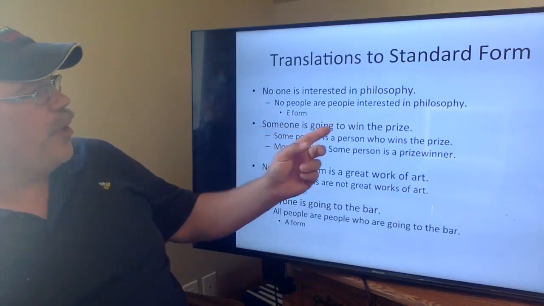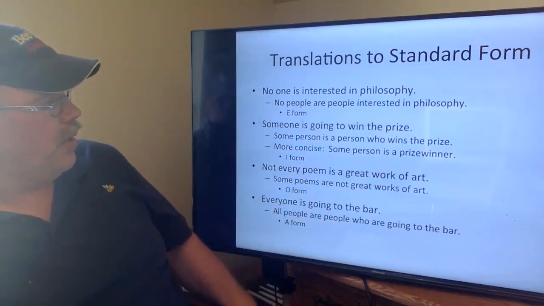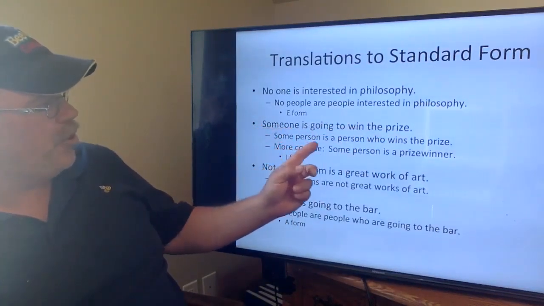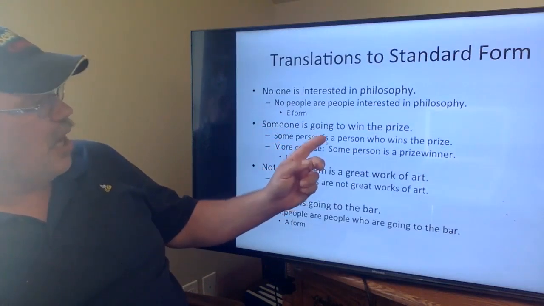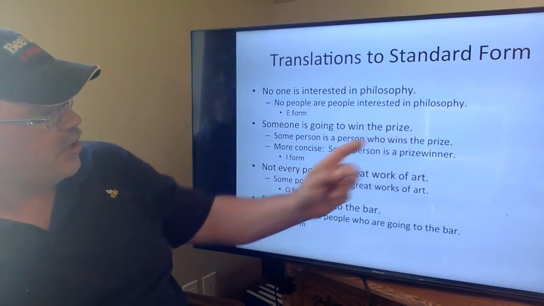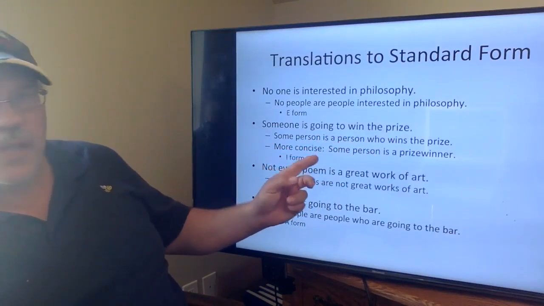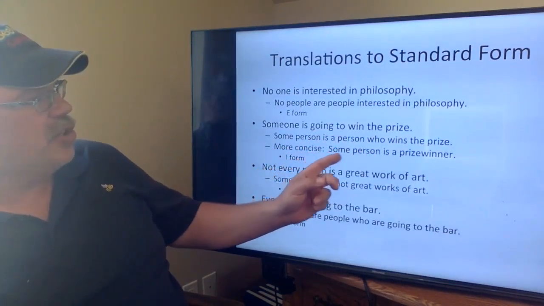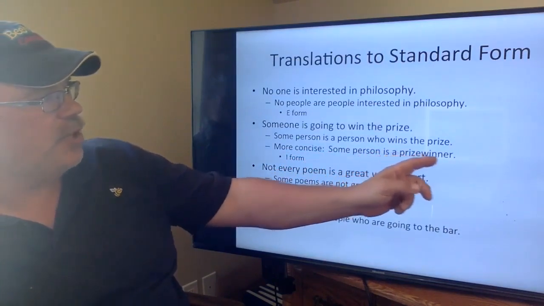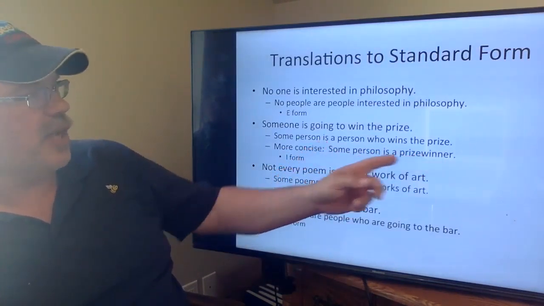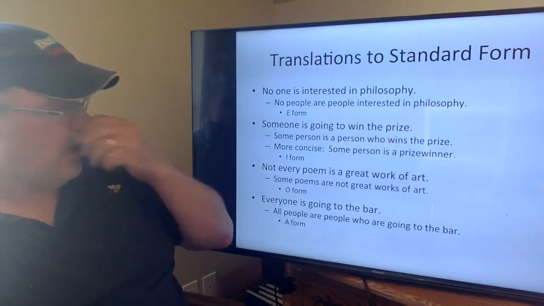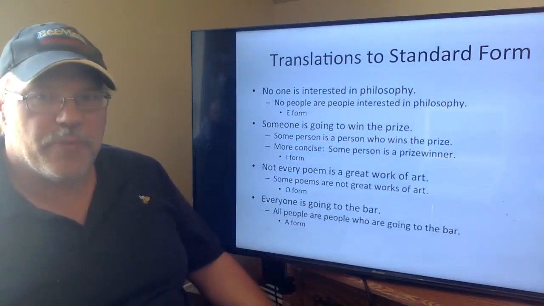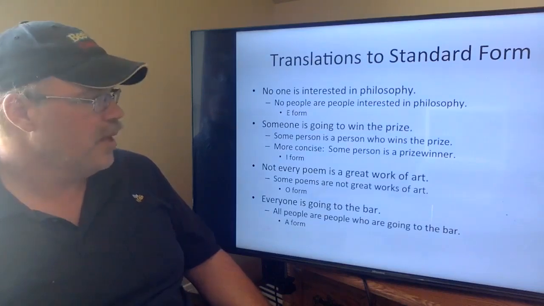Someone is going to win the prize. So there's at least one person; some person is a person who will win the prize. Or if you want to be a little bit cleaner with your words, you might say some person is a prize winner. It's always nice to be concise in these matters, even though that doesn't win you any points in the logic game.